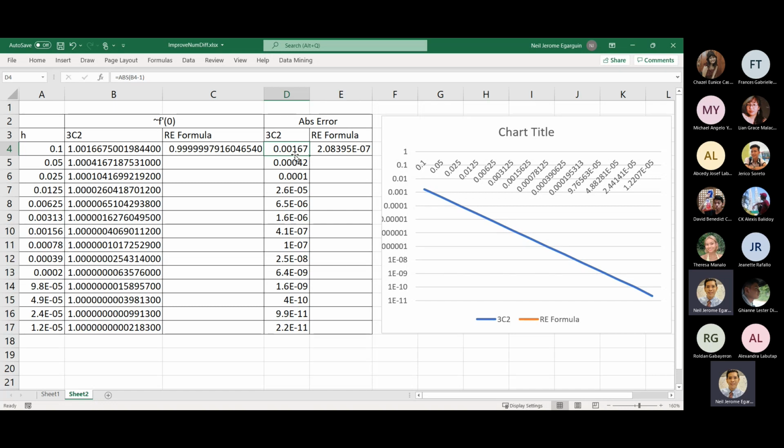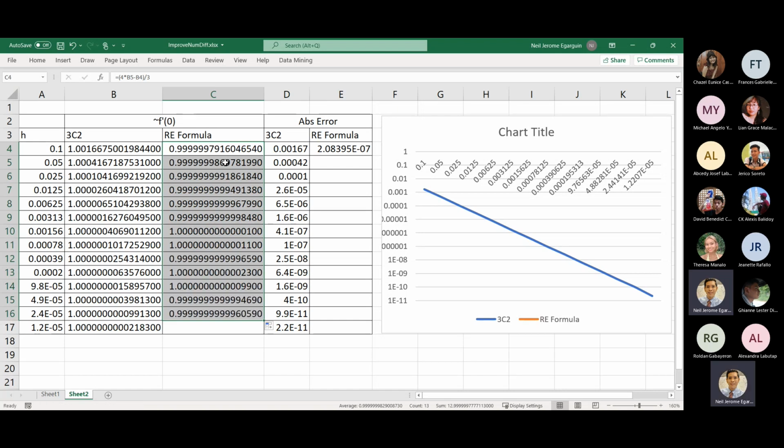The error using the first step size is 1.6 times 10 to the minus 3. Then when I halve the step size, it is 4.2 times 10 to the negative 4. But when I do Richardson extrapolation using these two estimates, I get a far better result, which is 2.08 times 10 to the negative 7. And then I can drag this.